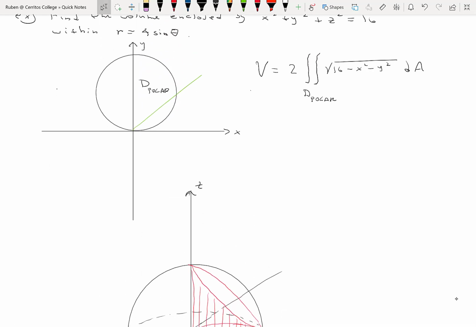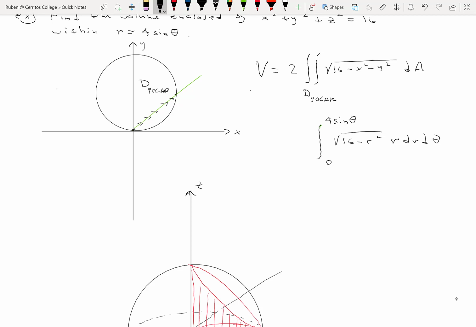So that little green line determines our inner limits of integration. r varies, r d theta, r varies from 0, and then that green line exits at r equals 4 sine theta.